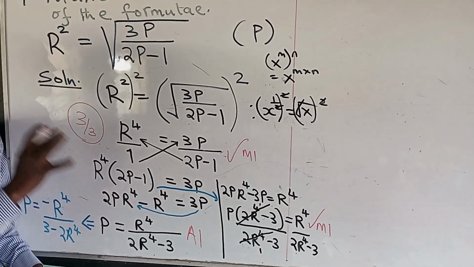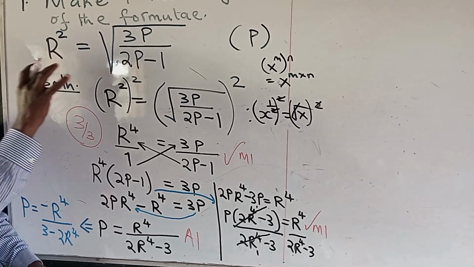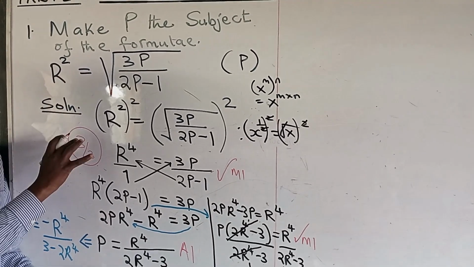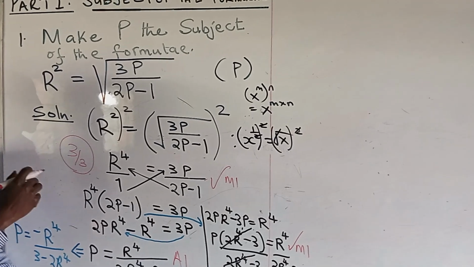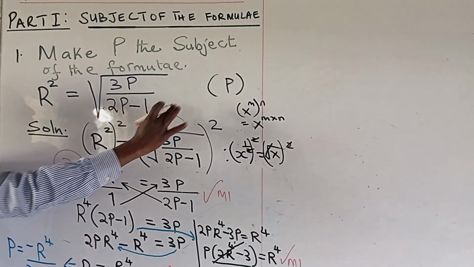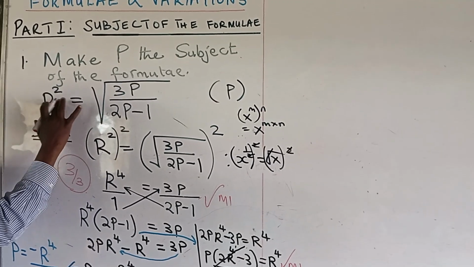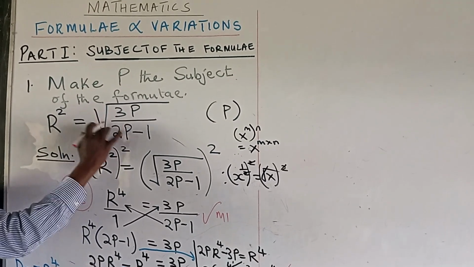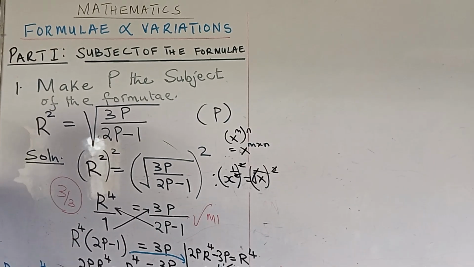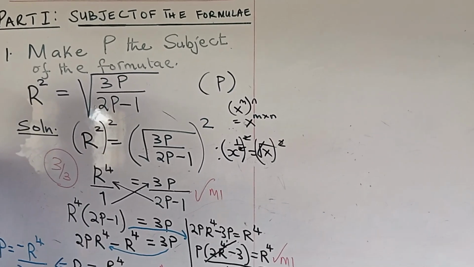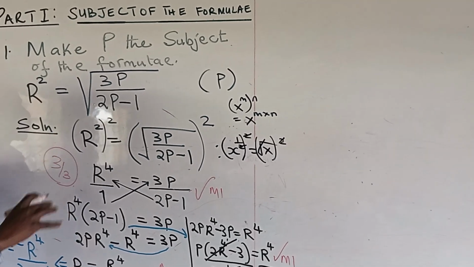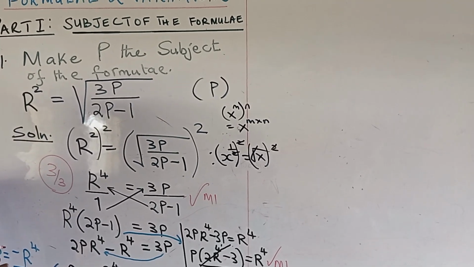So this is a typical case of making one variable in a formula the subject of the formula, meaning the formula will read now differently after changing from r squared is equal to square root of 3p over 2p minus 1 to p is r power 4 over 2r power 4 minus 3, and those steps will vary depending on the question.